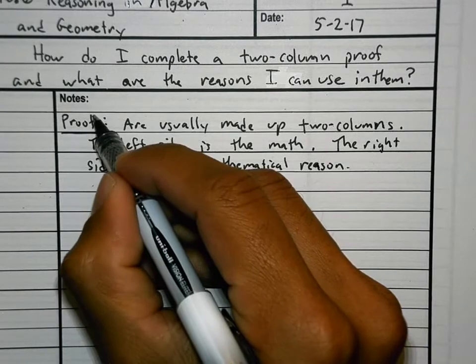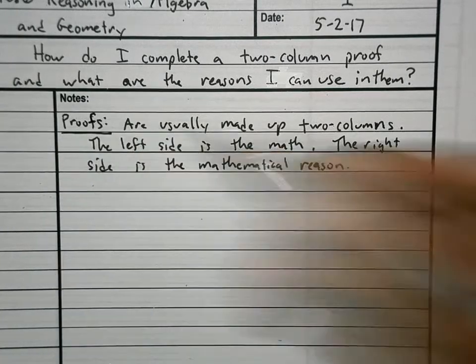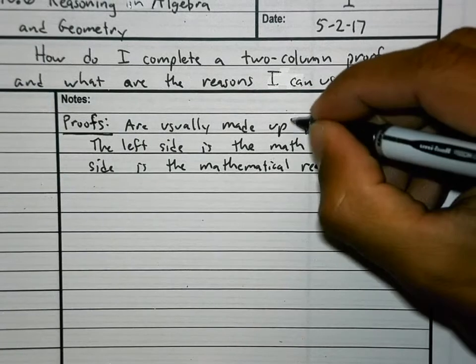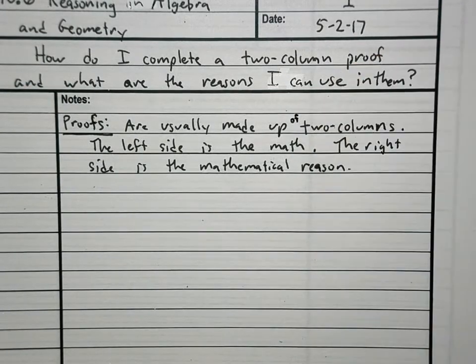Let me make sure this looks like an F. Proofs are usually made up of two columns. The left side is the math. The right side is the mathematical reason.